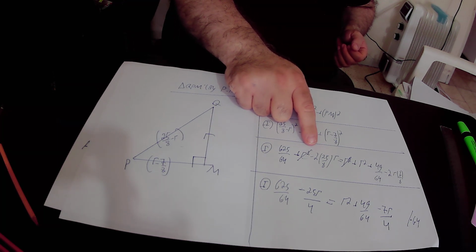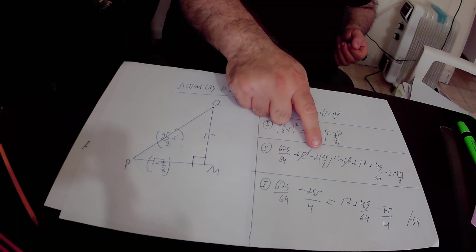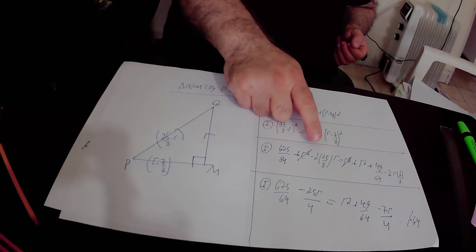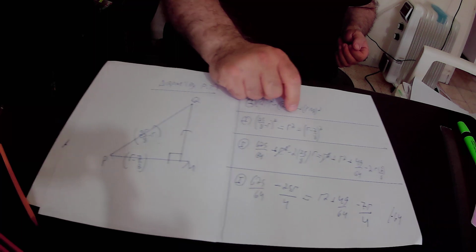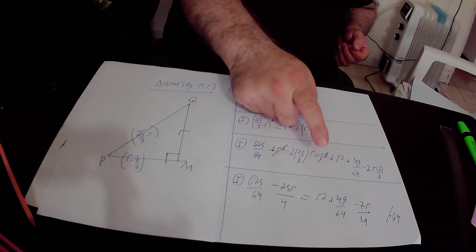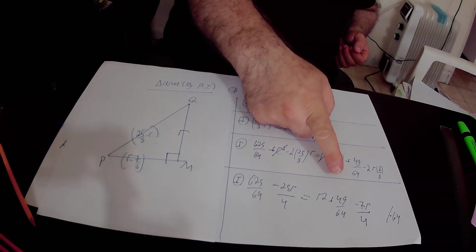Minus 2 over 2 is minus 1, so the 2 gets cancelled, and in the numerator we are left with minus 25r. We also divide the denominator by 2. 8 over 2 is 4, so in conclusion this expression equals minus 25r over 4. Then it equals r squared plus 49 over 64.